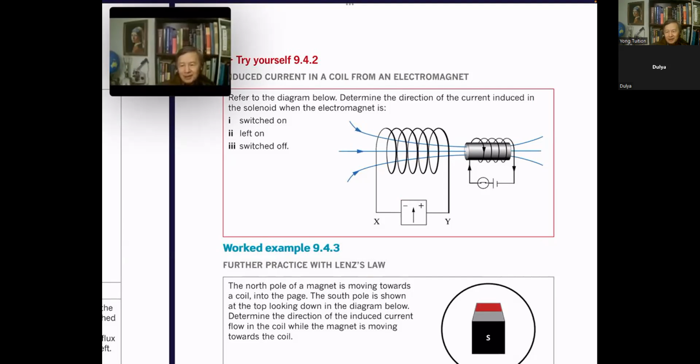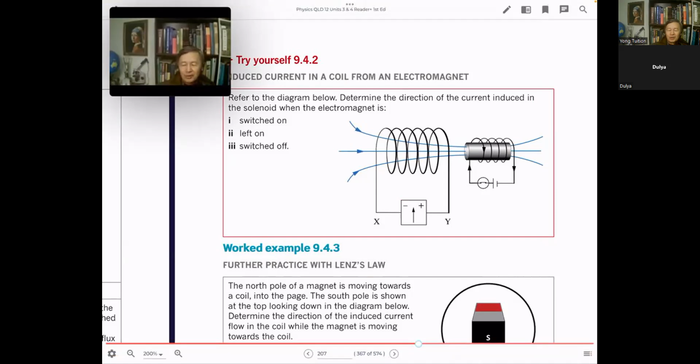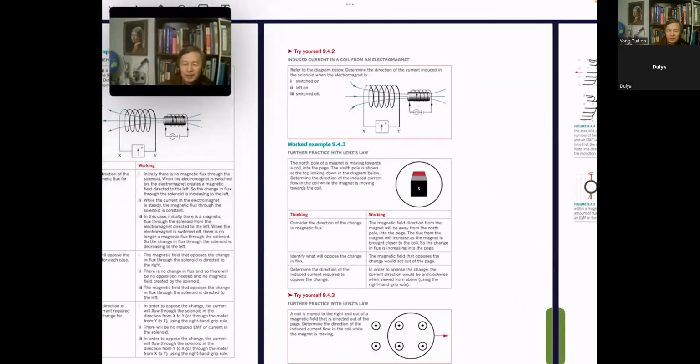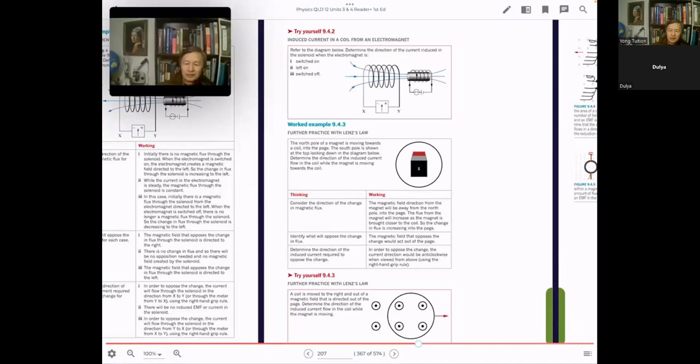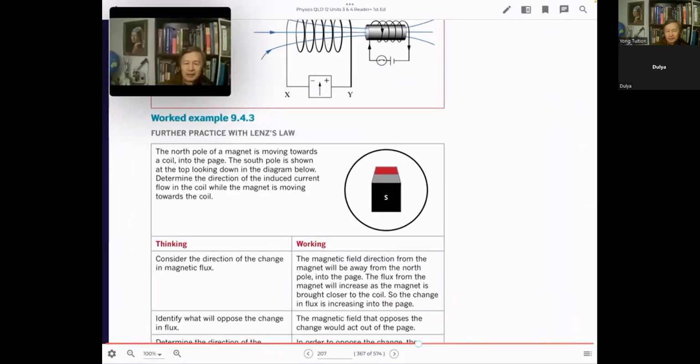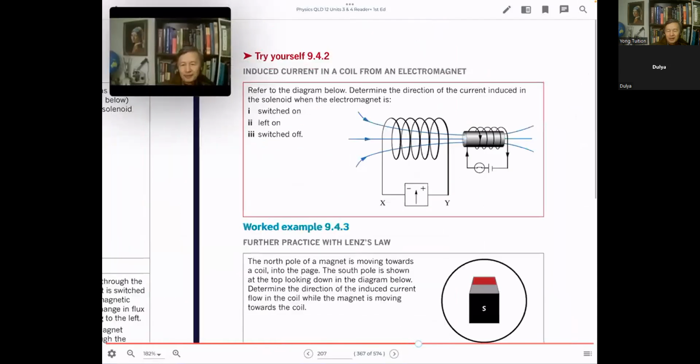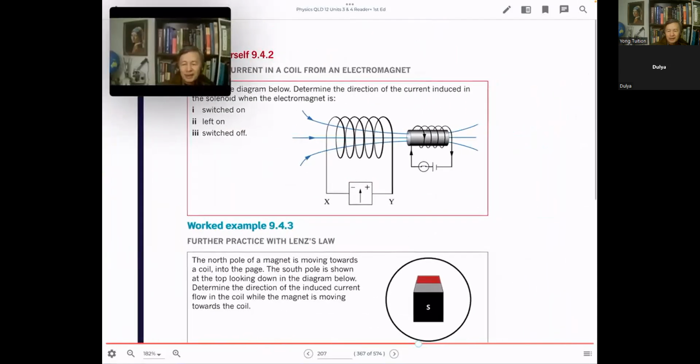When it's on, the current is from positive. Following this, according to the right-hand rule, what is the direction of the field of the electromagnet generated by the solenoid on the right-hand side?